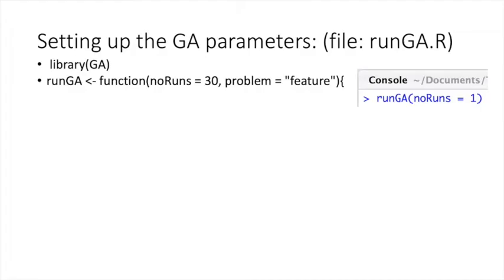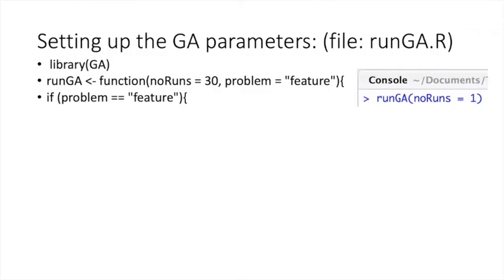Okay, so this is the default value. But like with the number of runs variable, when calling the runGA, you can provide a different value for the problem variable as well. So you can run the same GA code for some other problems that have also been coded in this file.